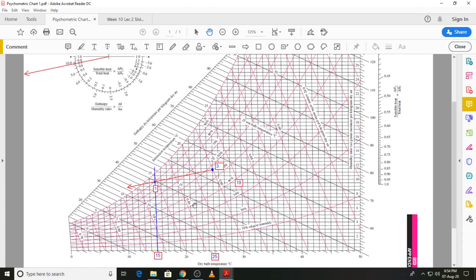These are the constant wet bulb temperature lines, and I need to just take one of these and you can see this is 15. So this line that we are looking at over here is 14 degrees C, and we are just around that mark.